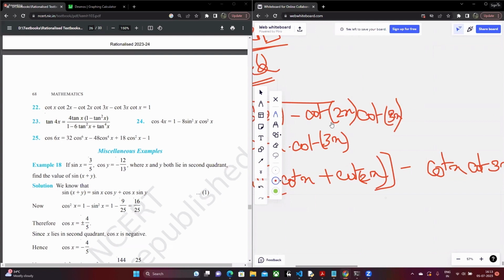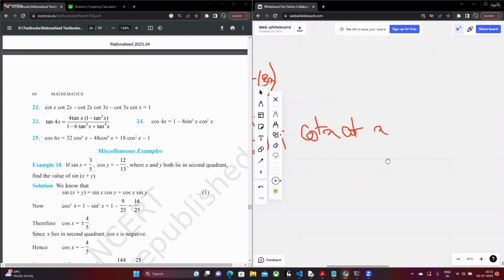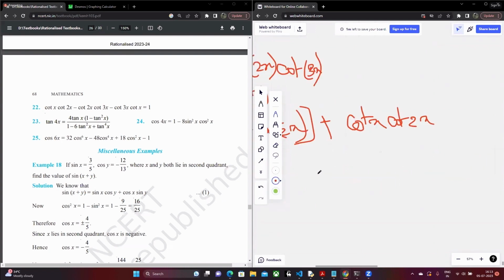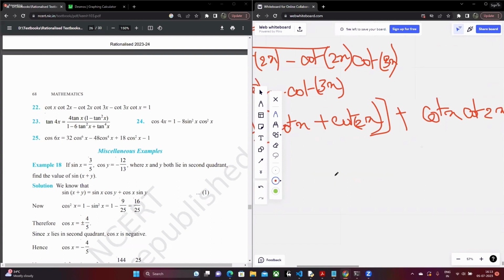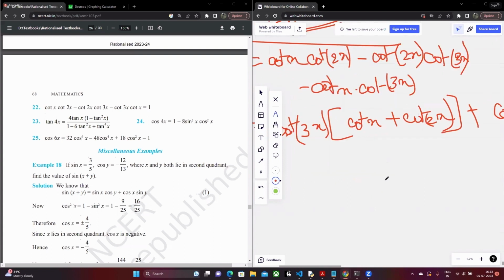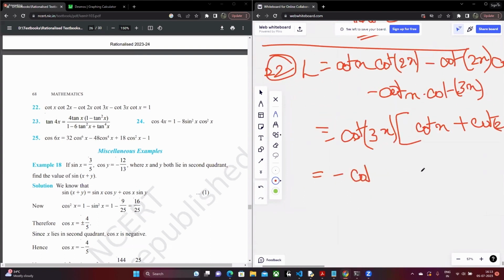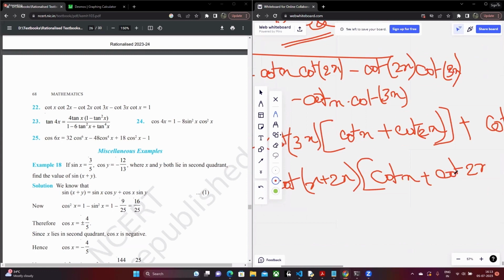This is going to be cot 2x. So I'll split this as minus cot of (x plus 2x) plus cot x cot 2x.